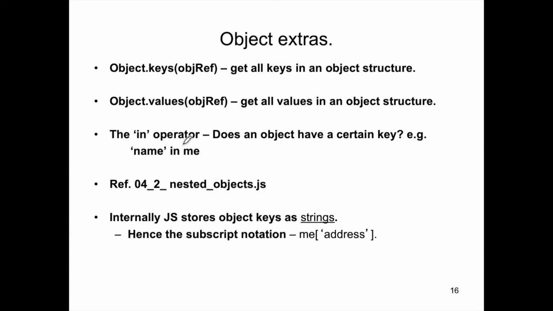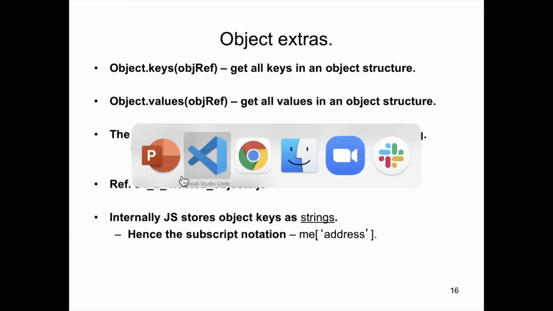So this expression here is going to evaluate to true or false. And then you do something if it's true, something else if it's false, I guess. So it's a nice way of expressing whether an object has a particular property or not. I have examples of all of these in 042 nested objects, and I'll leave it at this now because I know I've gone on for quite a while.